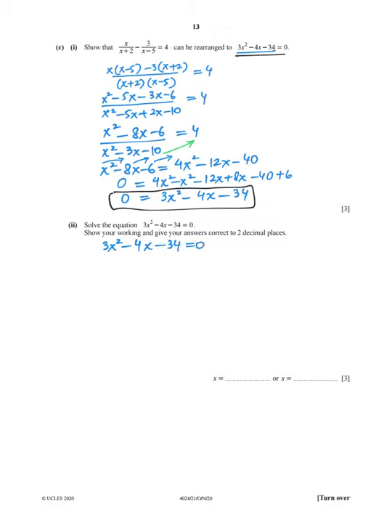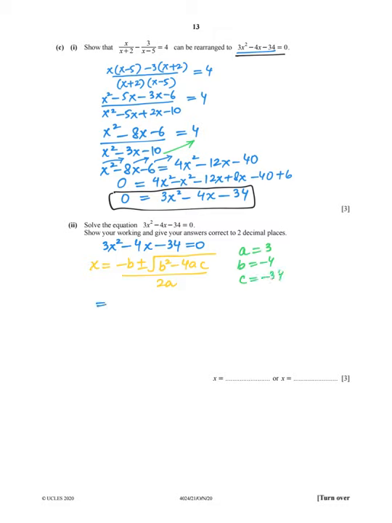So we need to apply the quadratic formula here, which states that x equals minus b plus minus under root b square minus 4ac, divided by 2a. That is the working formula. The values we have are a is 3, b is negative 4, and c is minus 34. So I'm going to place values here.